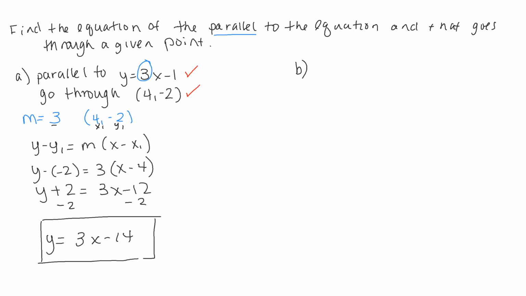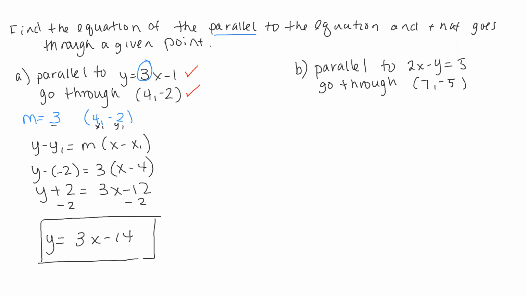So let's say for this one, we're going to be parallel to 2x minus y equals 5, and we're going to go through (7, -5).